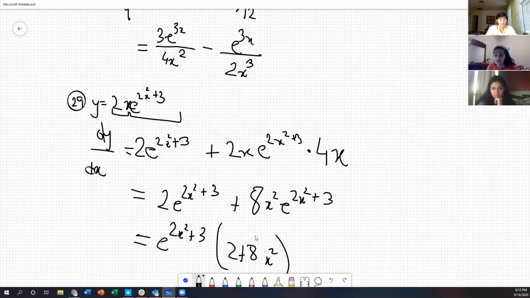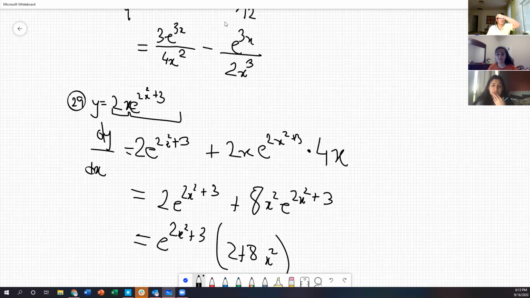It says 2e to the power of 2x squared plus 3 times, in parentheses, 8x squared plus 1. I think I got the same answer as the key, because I was doing it her way, dy over du, du over dx. But it's the same. It should always be the same. What I'm doing is I'm just doing it in my head, and it should be the same answer. Then maybe she moves some numbers.